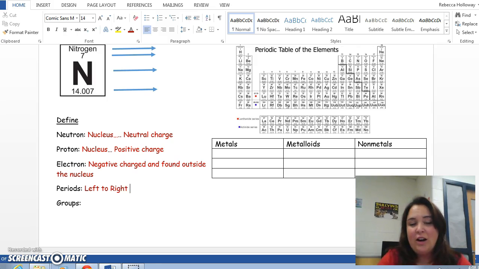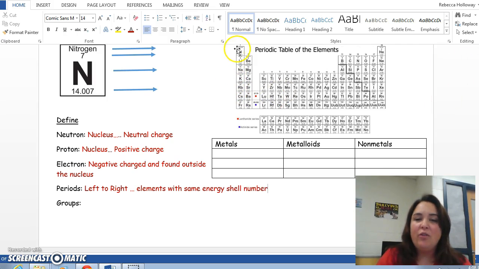And they share elements with the same energy shell number. So basically if you're in the first period up here, then you're only going to have one energy shell when we get to the Bohr model. In this period right here, you're going to actually have 2, 3, and so on.